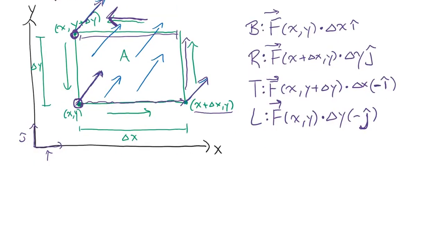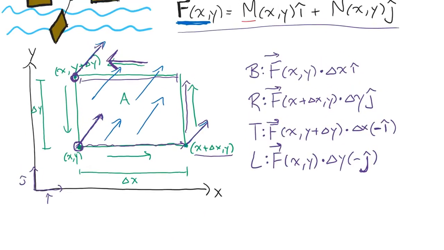So let's write out each one of these, and I'll change colors, it'll be easier to see. So when we take the dot product of this with i, we're going to use the i component, which is m, and then likewise when we do j, we'll use n.